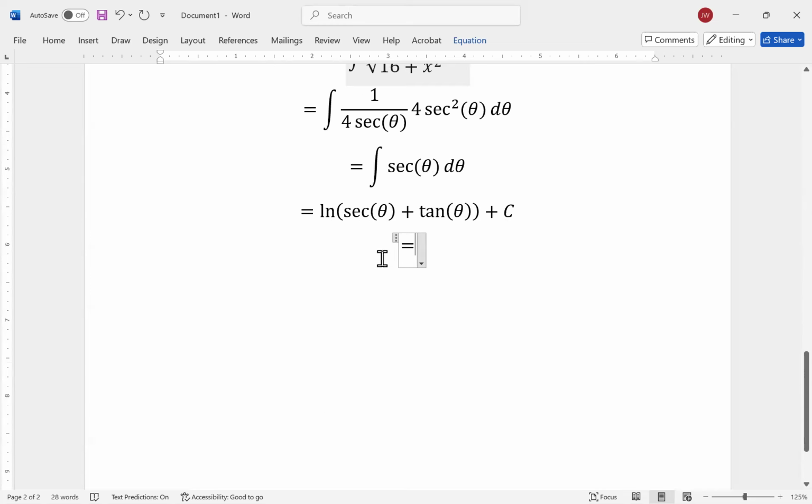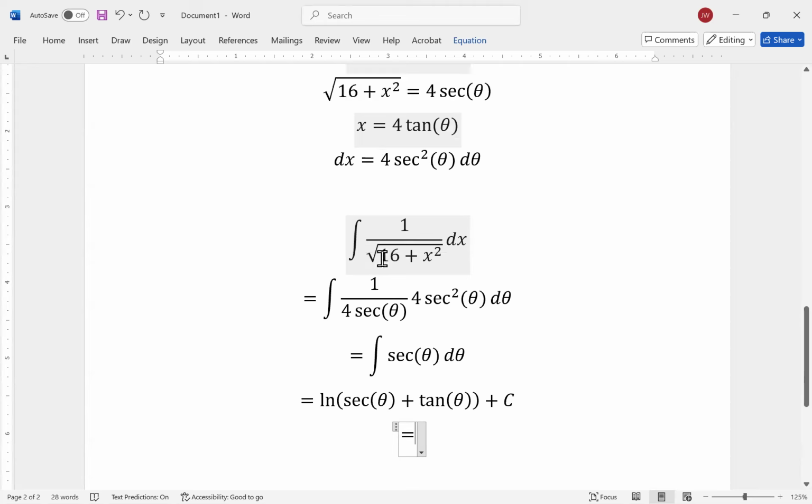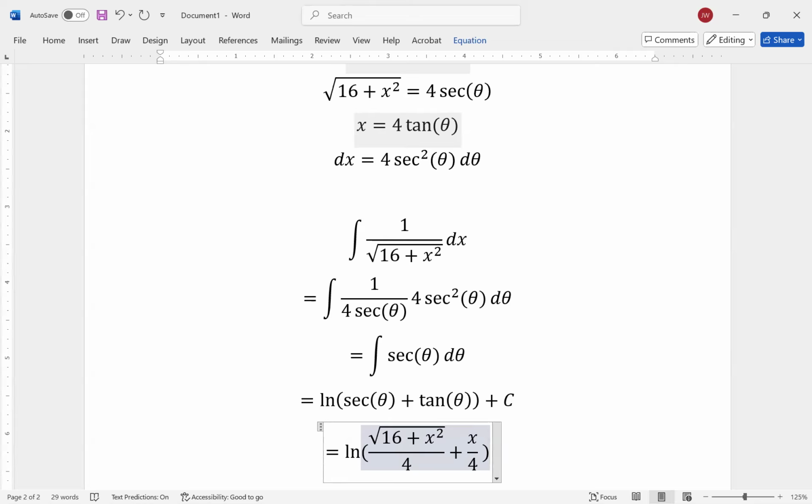So that is the natural log of, like I said, secant is the square root of 16 plus x squared over 4, plus tangent is x over 4, and then plus c.